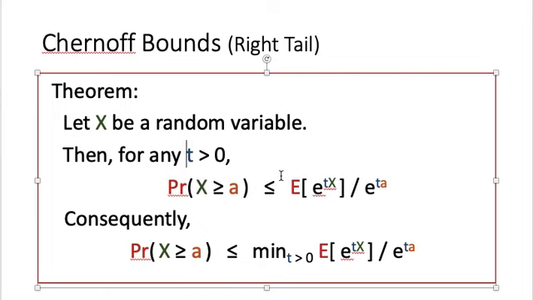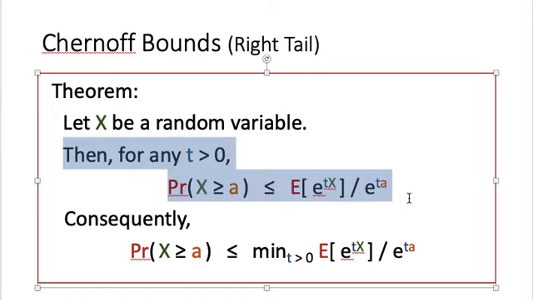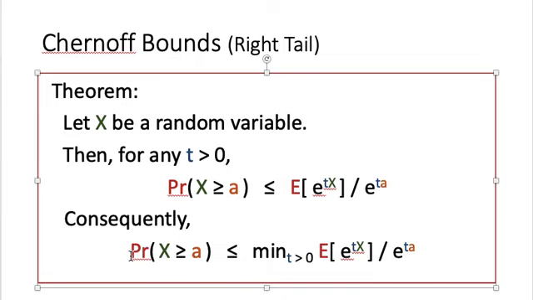We will choose the t such that the right-hand side is minimized. So we can write this whole thing as this: the probability of X greater than or equal to a will be less than or equal to the minimum over all choices of t greater than 0 of this term.